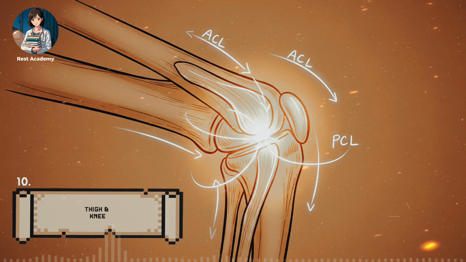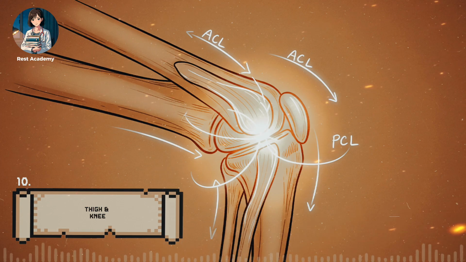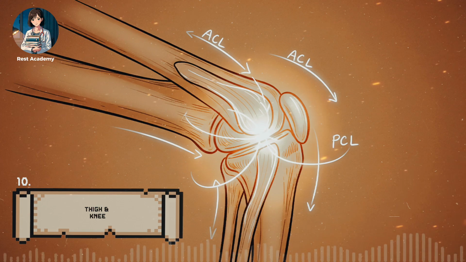Posterior contains the hamstrings: semitendinosus, semimembranosus, and the long head of biceps femoris, supplied mostly by the tibial division of the sciatic nerve, L4-S3, with the short head of biceps femoris from the common fibular division. Their tendons cross the knee to steer the hinge while the quadriceps extend the lever.